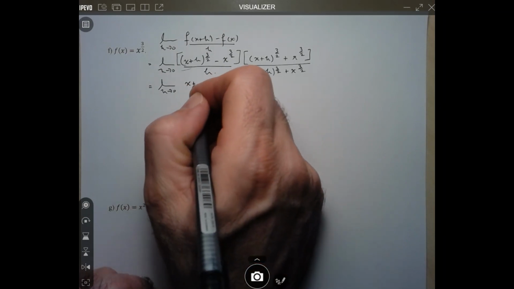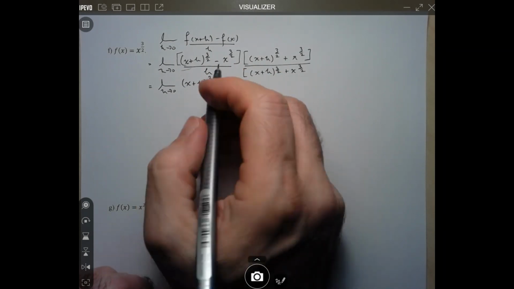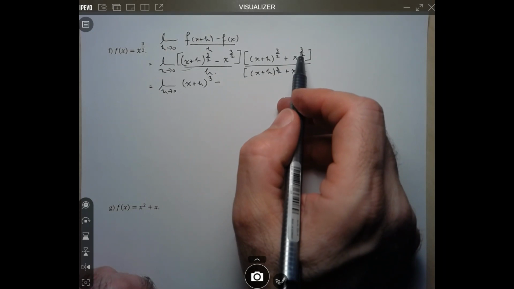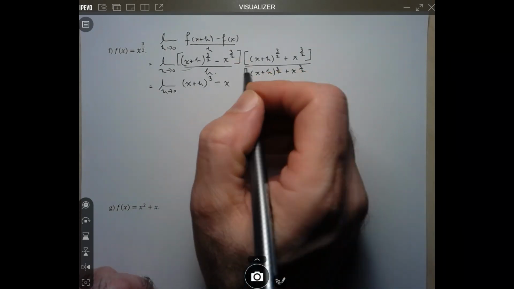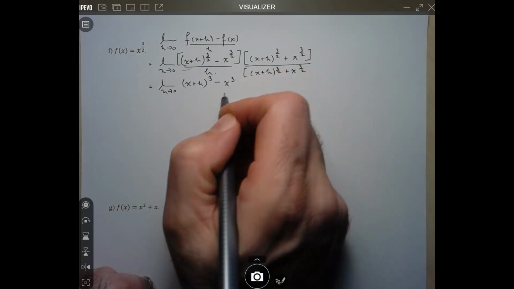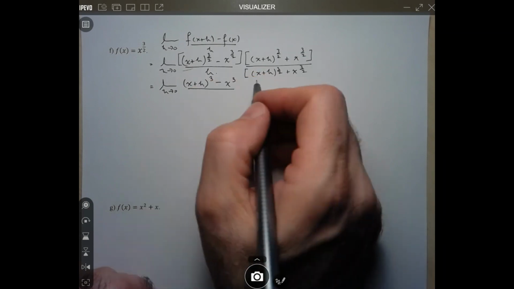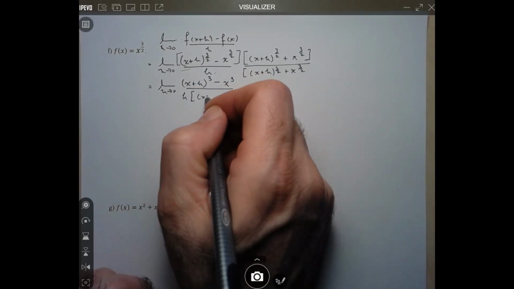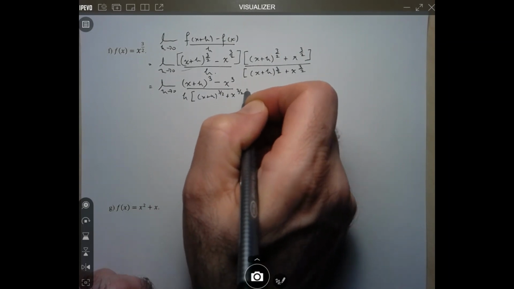So I'm left with (x plus h) cubed. And then here minus, again, x to the 3 over 2 times x to the 3 over 2. I can just add the exponents. This is just going to be minus x cubed. All over this thing, well, not the nicest thing in the world, but we'll write it out: (x plus h) to the 3/2 plus x to the 3/2.